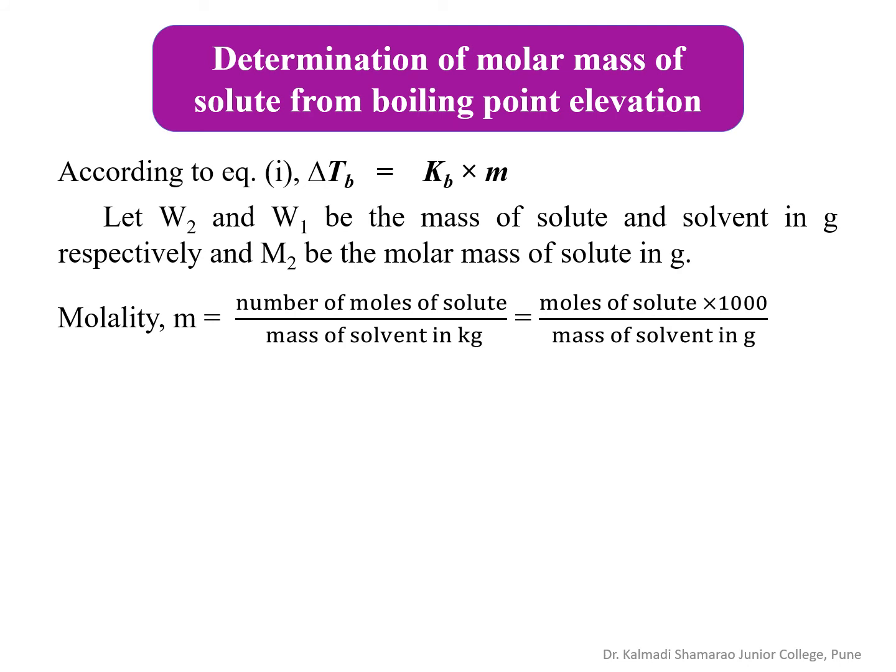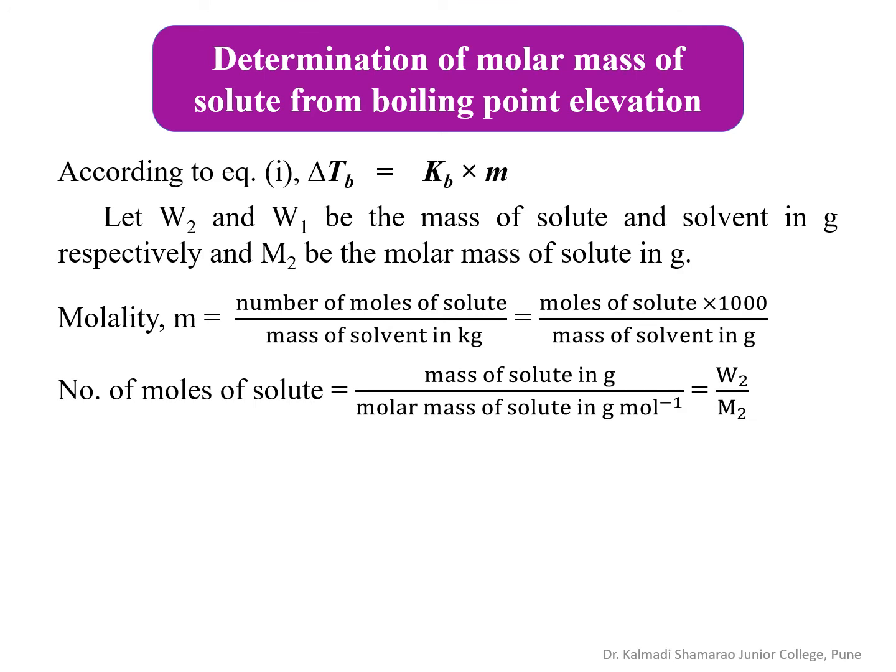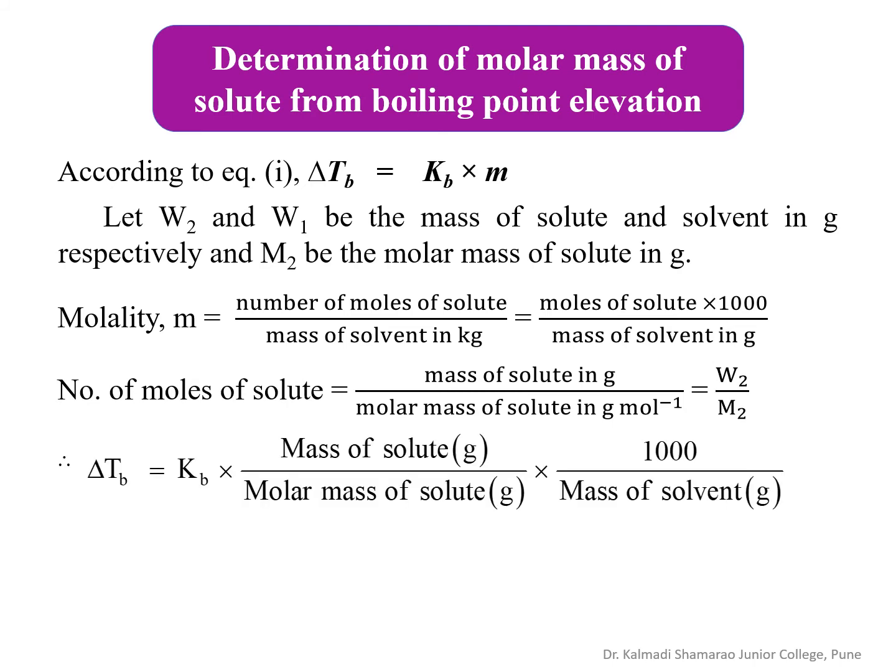Therefore, molality is equal to moles of solute into 1000 divided by mass of solvent in gram. Number of moles of solute is equal to mass of solute in gram divided by molar mass of solute in gram per mole. This is equal to W2 upon M2.